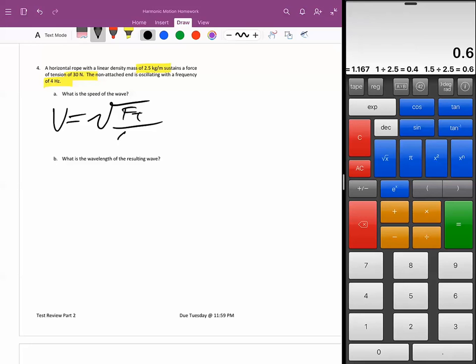Your tension is 30. Your linear density is 2.5. So 30 divided by 2.5 is 12. You square root this. 3.46 is your speed. This is also in meters each second.